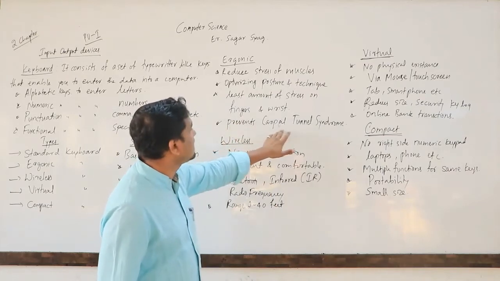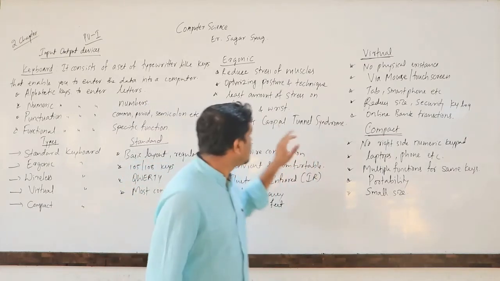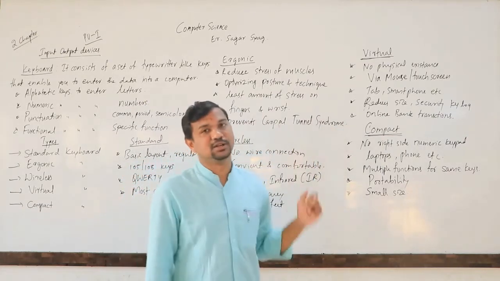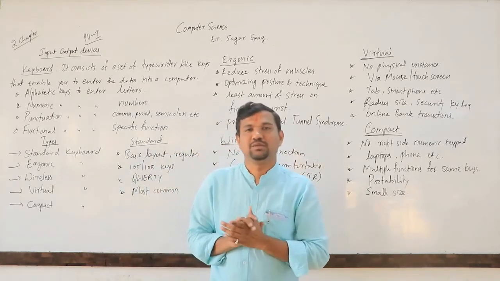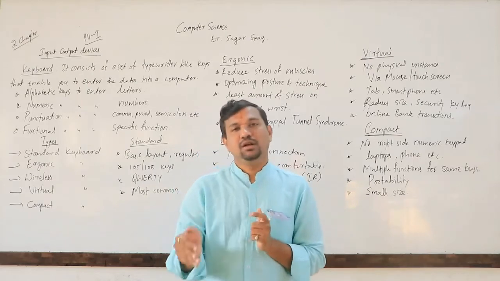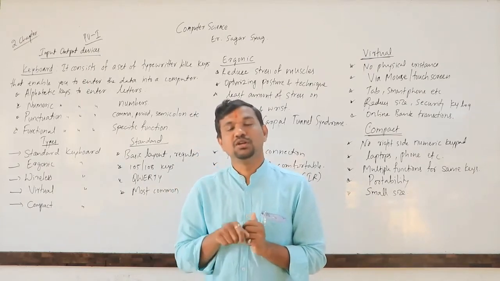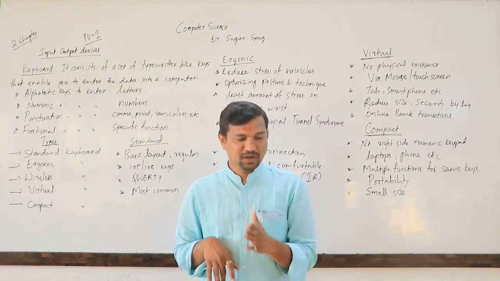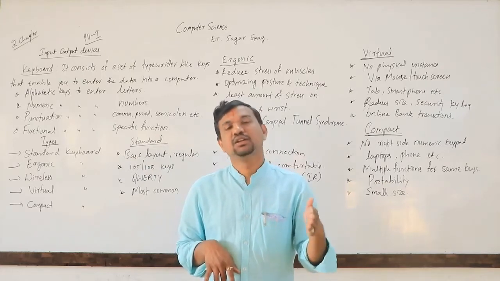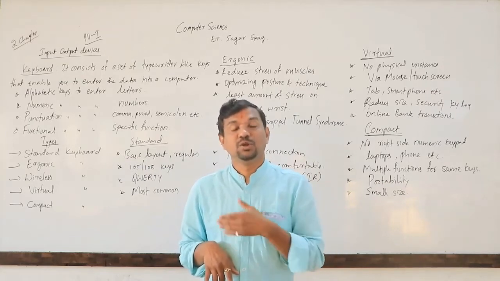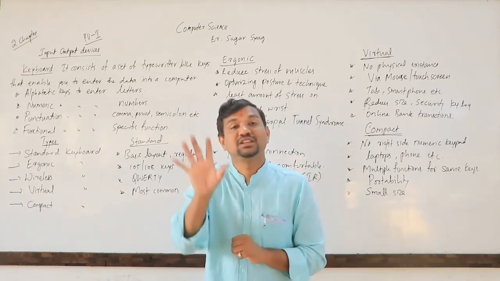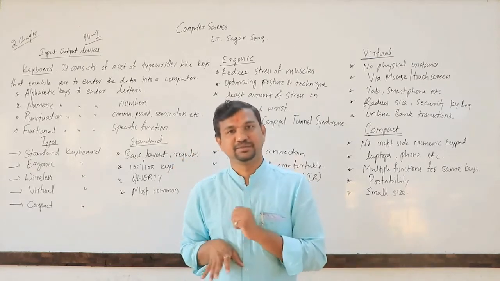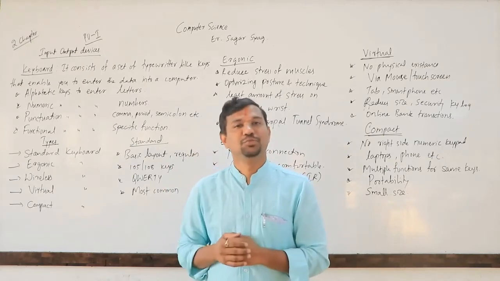And prevents carpal tunnel syndrome. See, if a person works continuously 10 hours, 15 hours sitting on a chair, working on a computer, keyboard and mouse, and works like that for 5 years, 10 years, 20 years, 30 years, such a long period of working makes defects and problems in the human body.